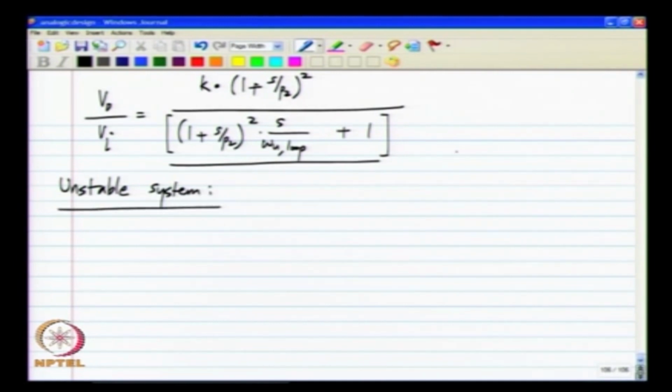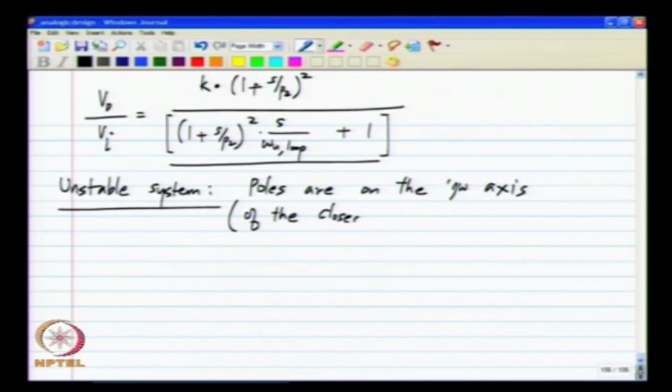An unstable system means the poles are on the j omega axis. Here when I say poles, I am talking about poles of the closed loop system, which are on the j omega axis or in the right half plane.